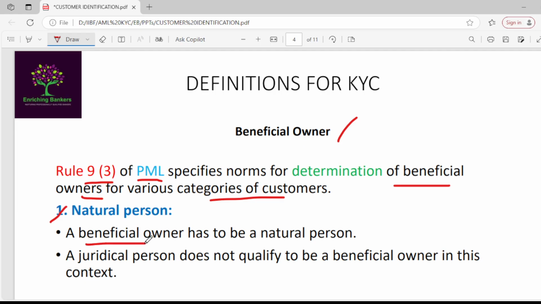Beneficial owner must be a natural person. Juridical person does not qualify to be a beneficial owner. Juridical person or any legal entity cannot be a beneficial owner. Only natural persons can be beneficial owners. That is about first norm.